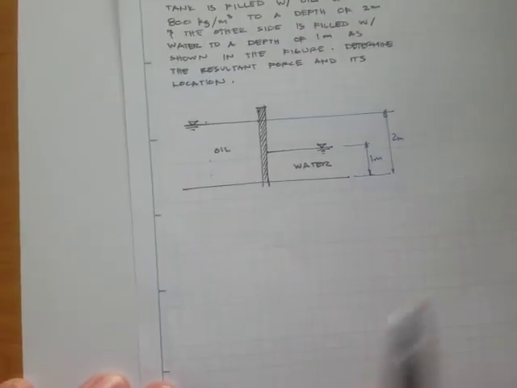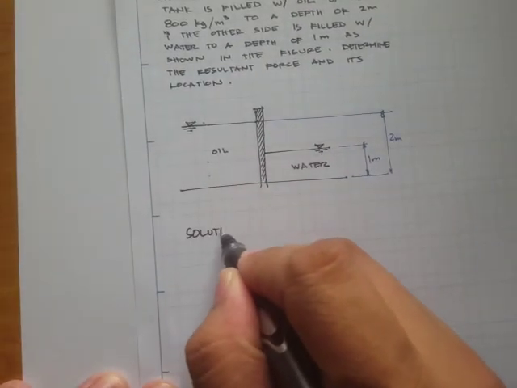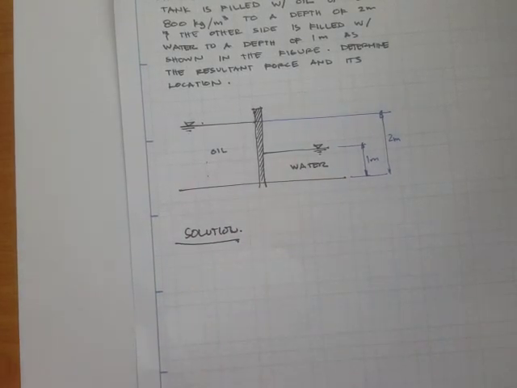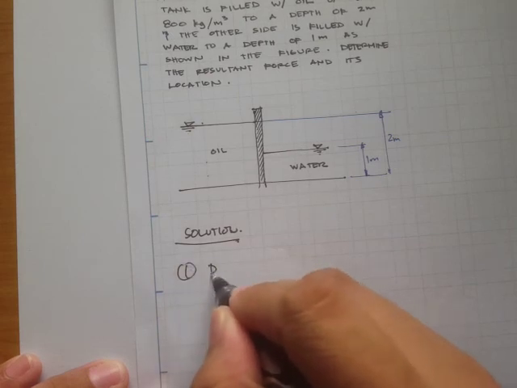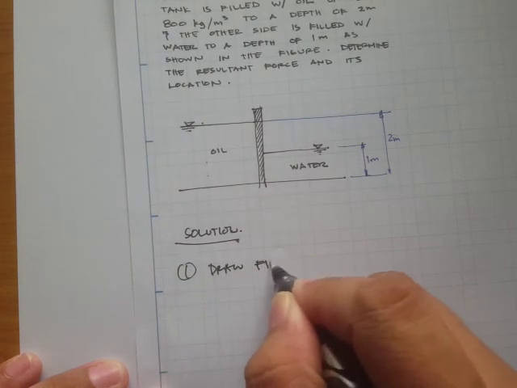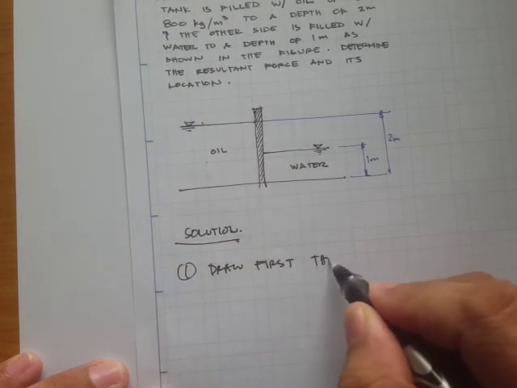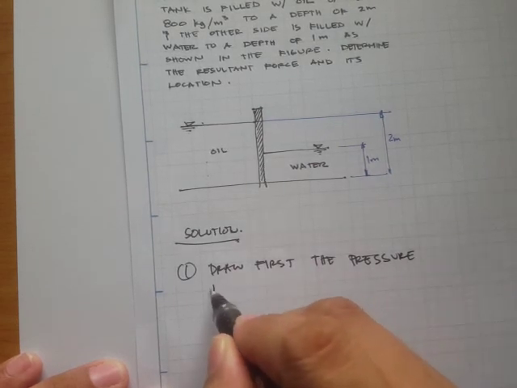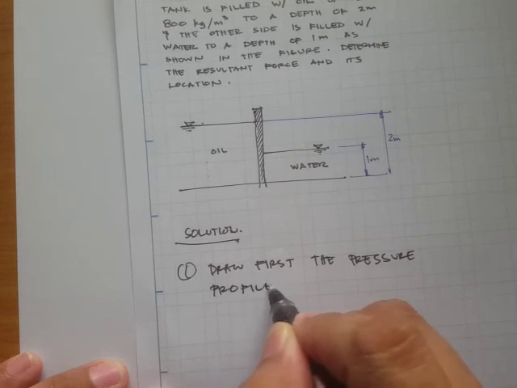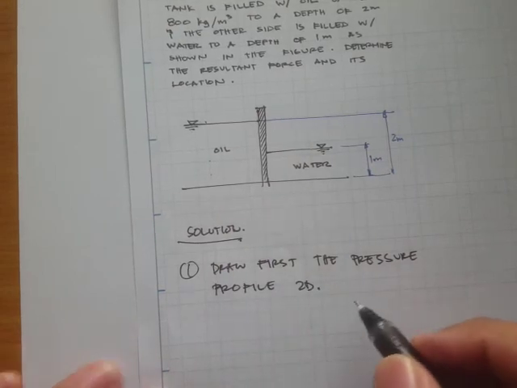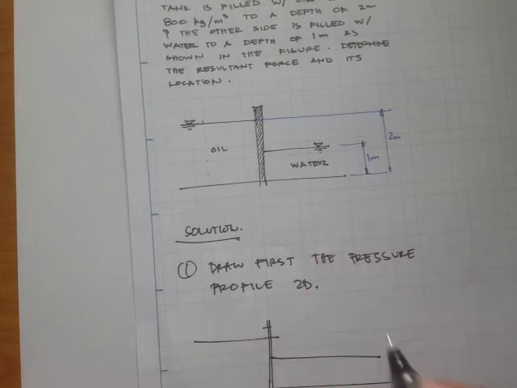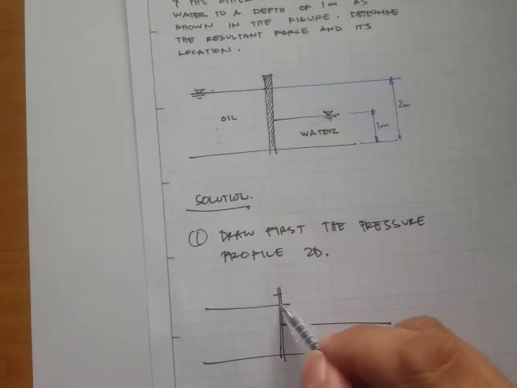Okay, so for the solution, let's draw first the pressure profile, or let's say 2D. Okay, and if we draw this, what we get is something like this.